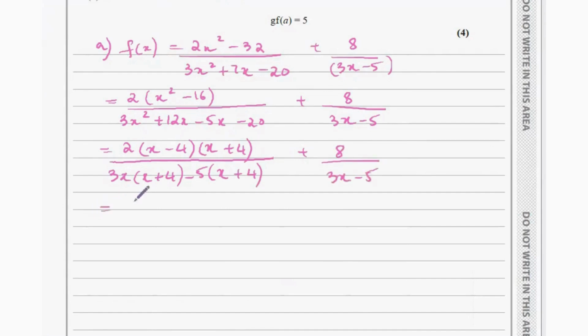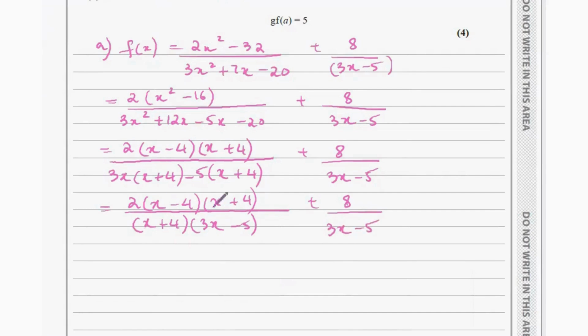Now, in the denominator, we'll take x plus 4 common, and in the other bracket, we'll have 3x minus 5. So we can simply cancel out x plus 4 because they're being multiplied in the numerator and denominator and they're being divided by each other.